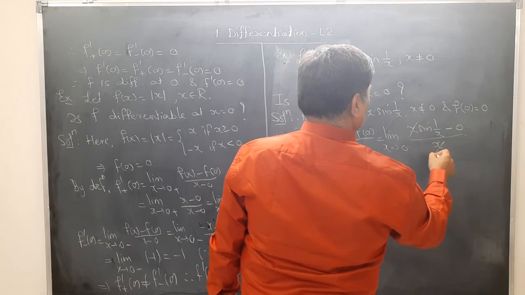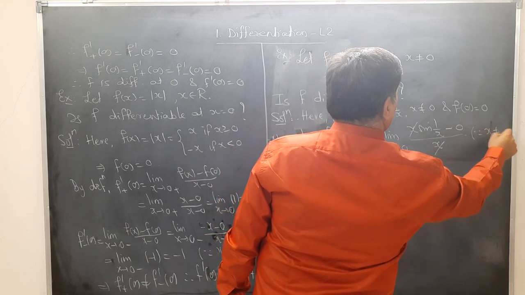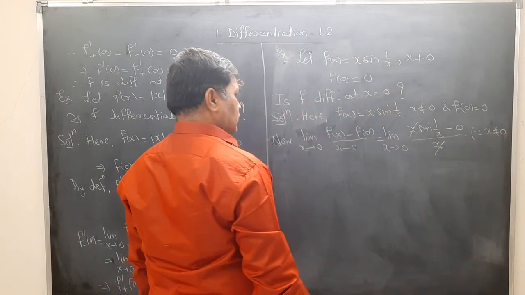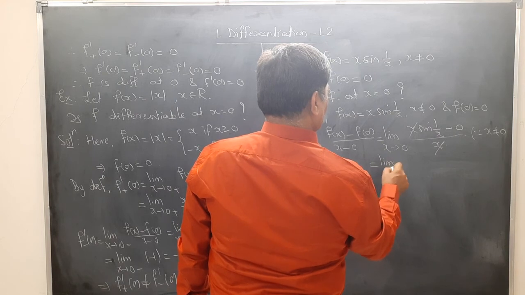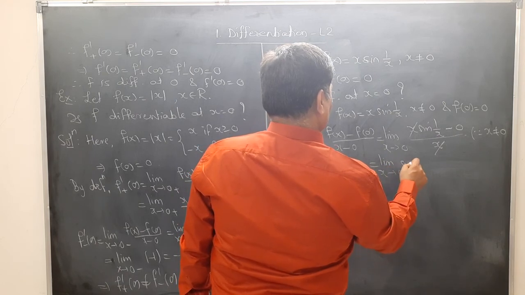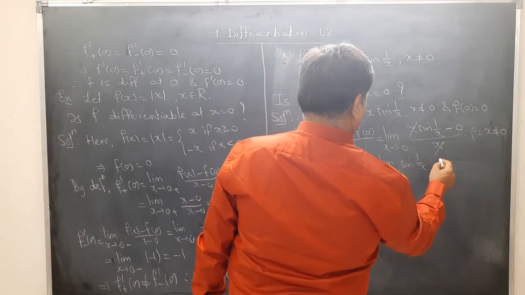So this x will get cancelled since x is not equal to 0, which is equal to the limit as x tends to 0 of sin(1/x), which doesn't exist.